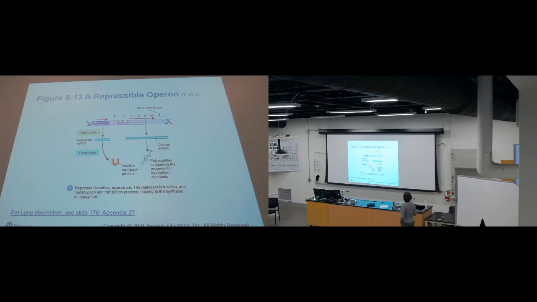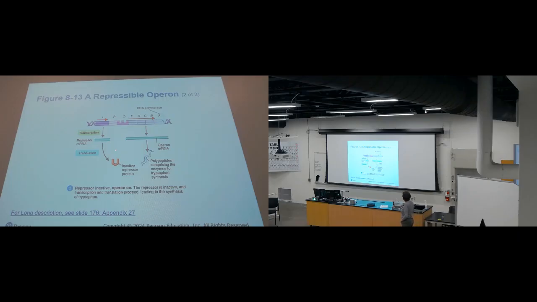When you have this operon working, you are always having the I gene on, so that means that you will have this transcription going on. And then you will have a translation for having an inactive repressor protein. This inactive repressor protein will bind to this operator, preventing the transcription of these genes when you have tryptophan.